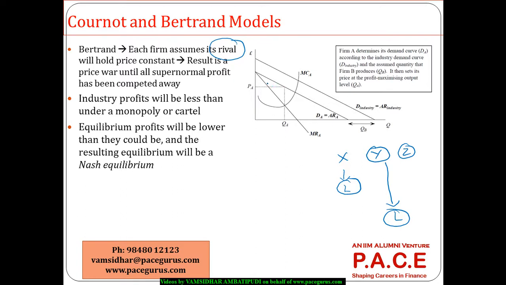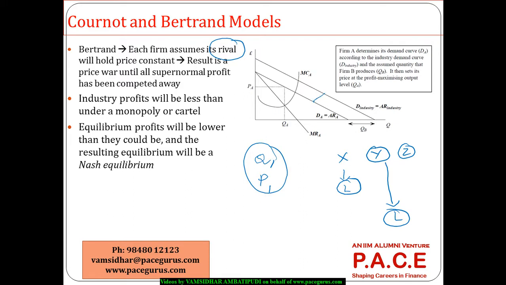Okay, the demand curve, let's say, for the industry, and the demand curve for a firm A. Now you see, what did I say in the Cournot model? There is an assumption that the competitor or the rival would be producing Q1 goods and selling at P1 price. So which means I know what quantity I am going to sell.